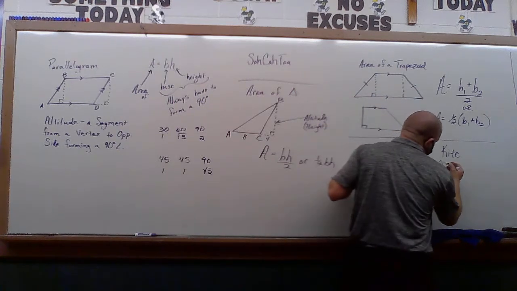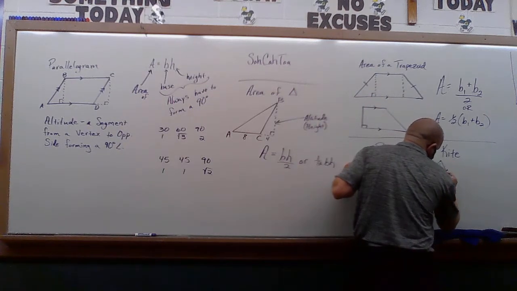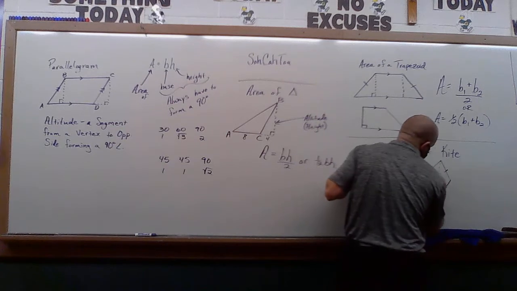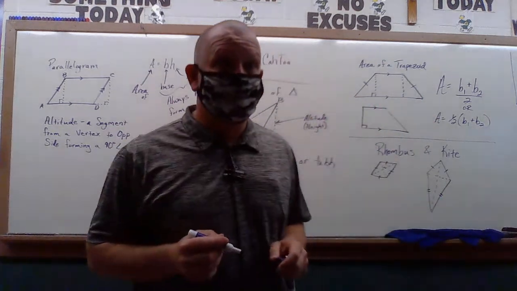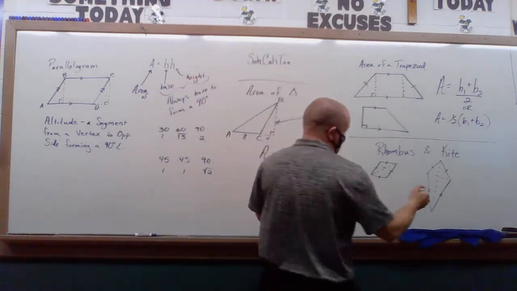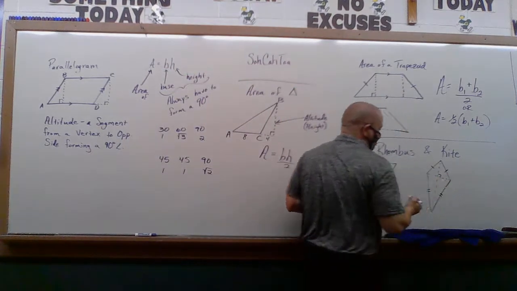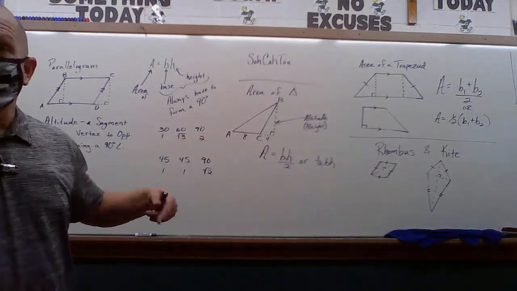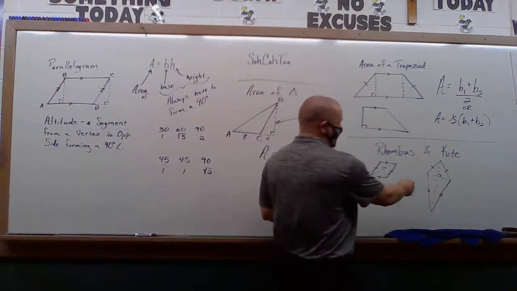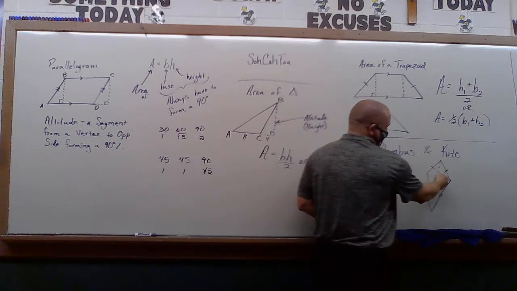So we are going to again draw the diagonals. And what happened with the diagonals of a kite? They made a right angle too. Obviously, they're not congruent the same way as in a rhombus, but essentially we're going to use the same concept because of the 90-degree angle.